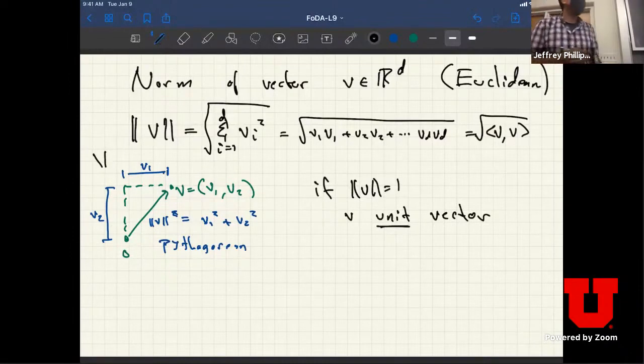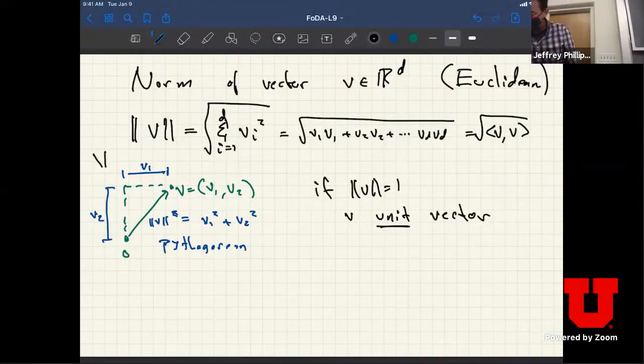The length of it here is 1. And if I want to turn V into a unit vector, I can just divide every coefficient by its length.